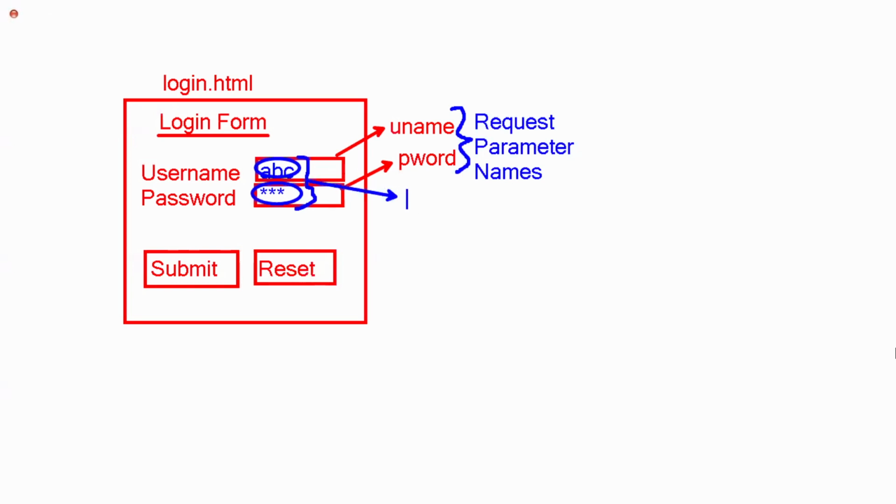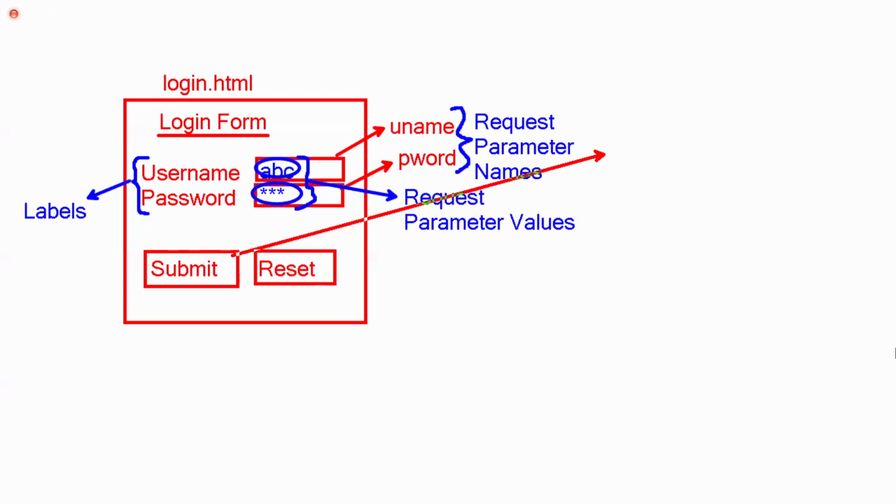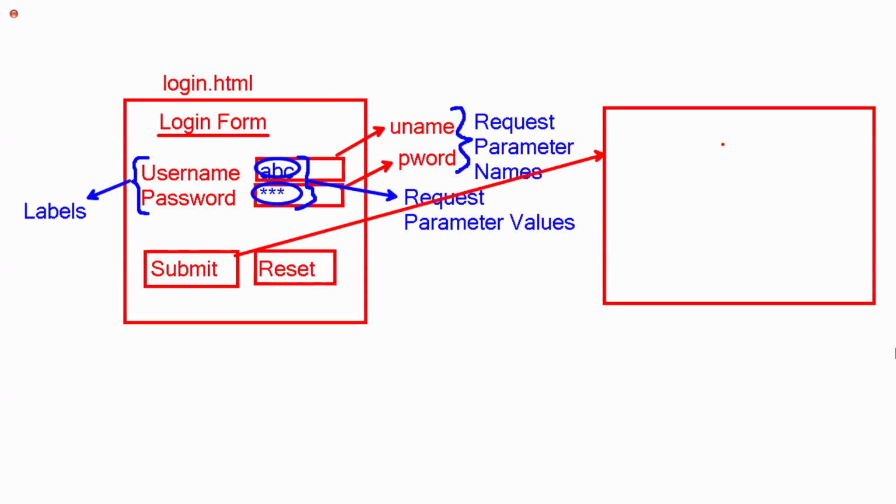These two are labels. Here, if we click on the submit button, it goes to another program. It is login.jsp. Okay.